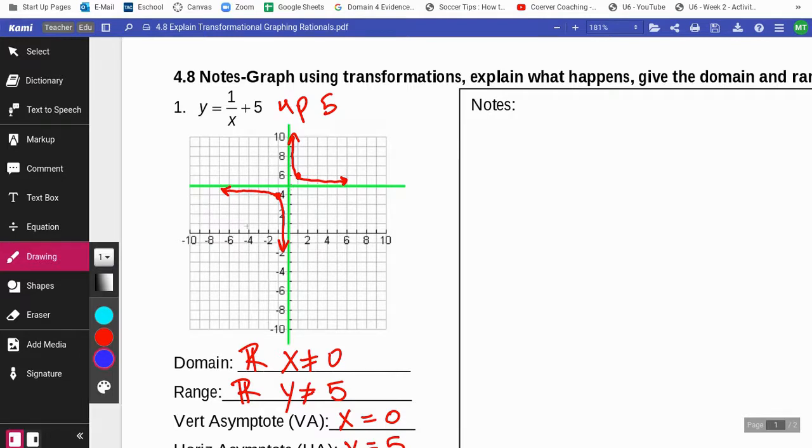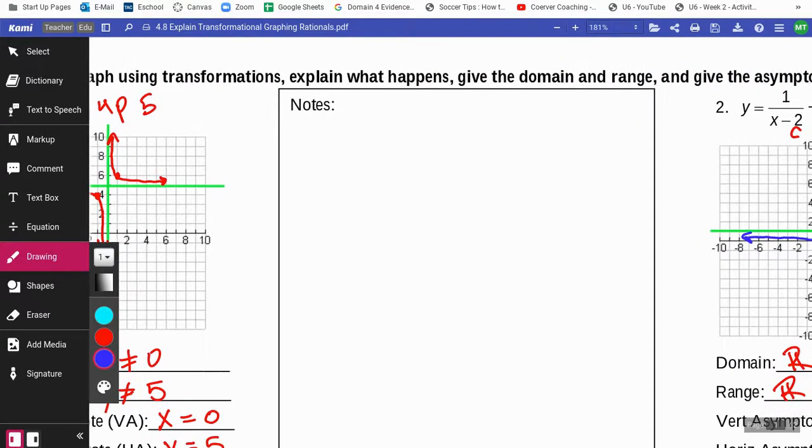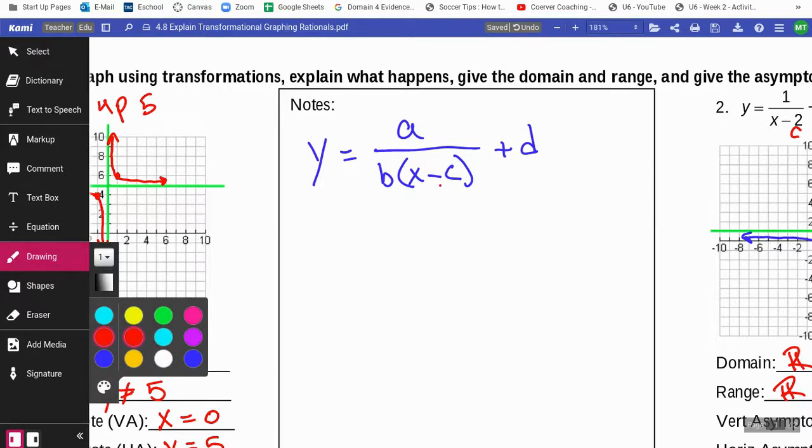Okay, so this is what I want you guys to know. If we have y equals, and then everything written as a transformation, the C value is just the VA, the vertical asymptote. The D value is the HA, the horizontal asymptote.